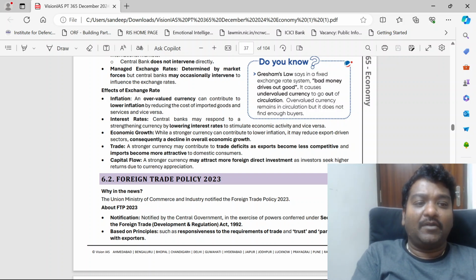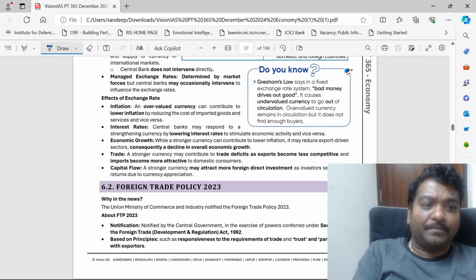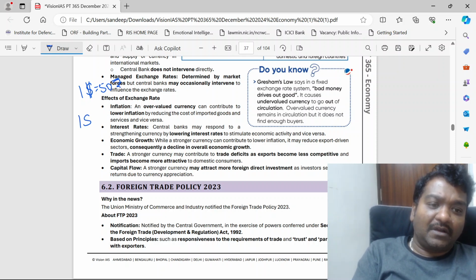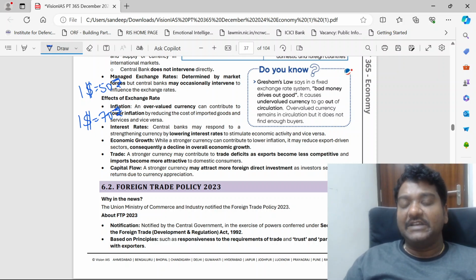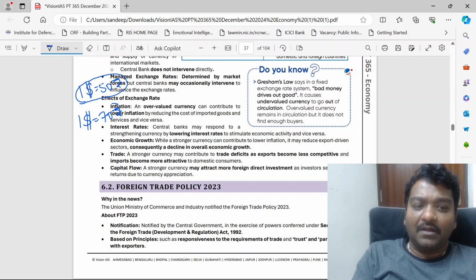Now let us take this particular case, guys. $1 is equal to 50 rupees. $1 is equal to 70 rupees. Now in both the cases, please understand, this is appreciation, this is depreciation.